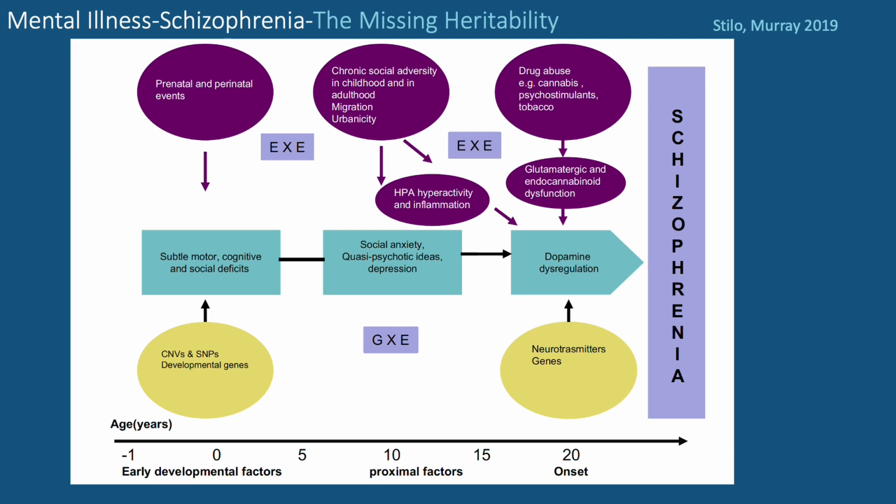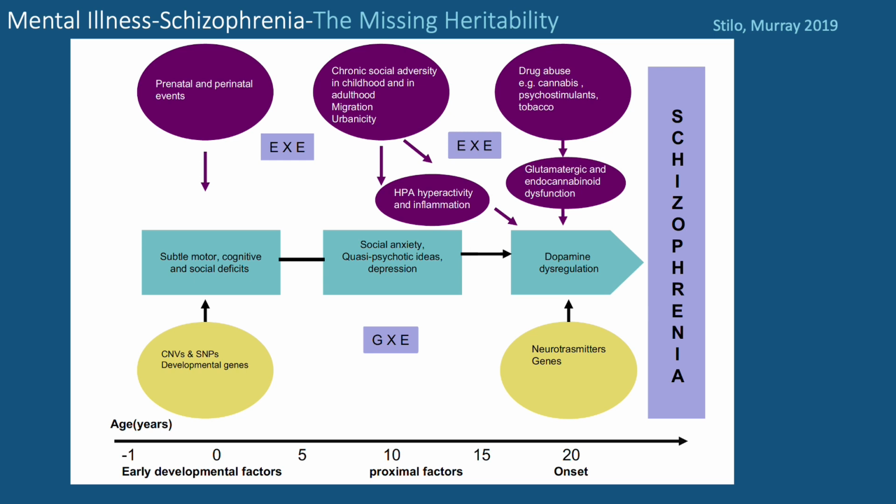This young person is growing. The social anxiety and the quasi-psychotic ideas, with the contribution of the stress body reaction and increased inflammation, will have dopamine dysregulation, for example, so dysregulation of neurotransmission.